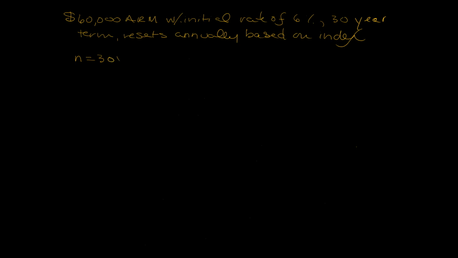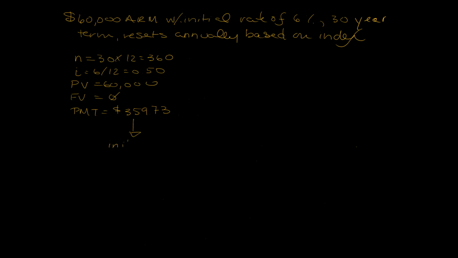N will be 30 times 12, or 360. I will be 6 divided by 12, or 0.5. The present value will be $60,000, and the future value will be 0. If we solve for payment, that initial payment will be $359.73.